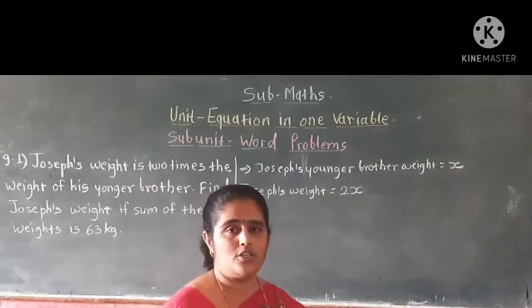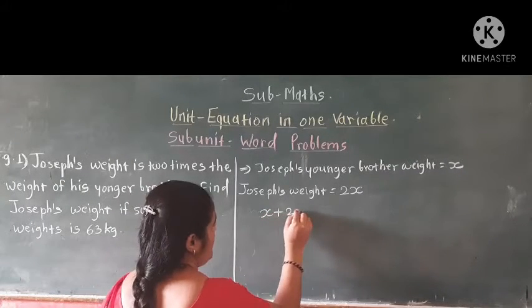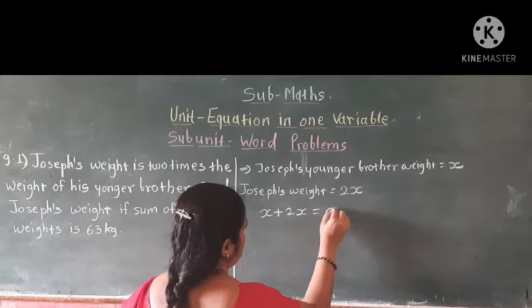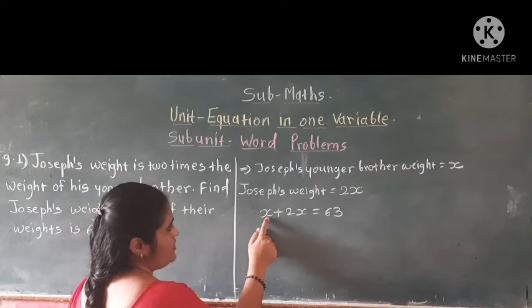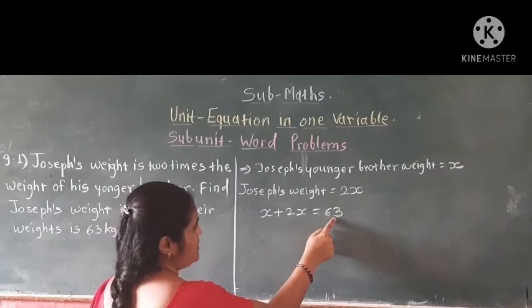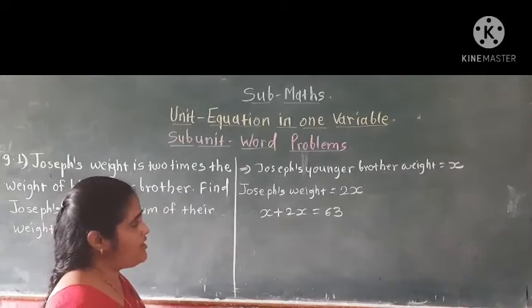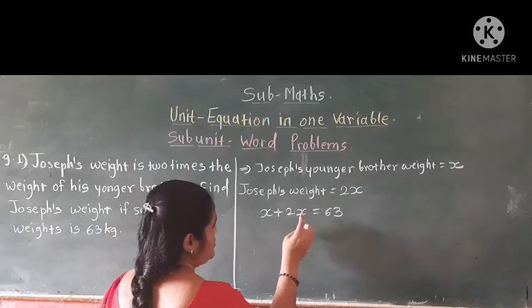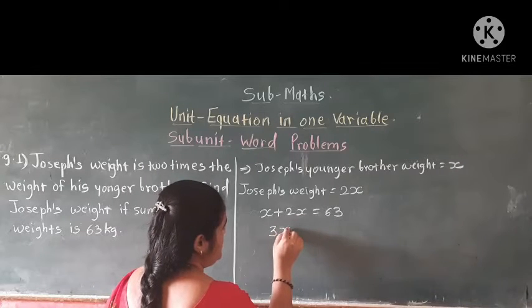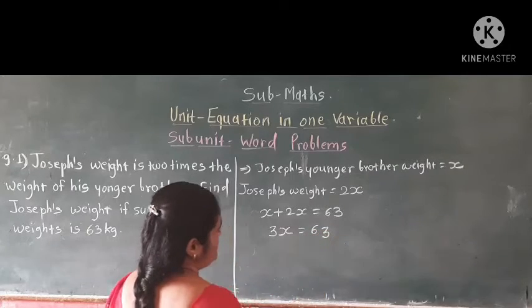According to this condition, the equation will be x plus 2x is equal to 63. Now we have to solve this equation and calculate the value of x. x plus 2x, addition is 3x, is equal to 63.